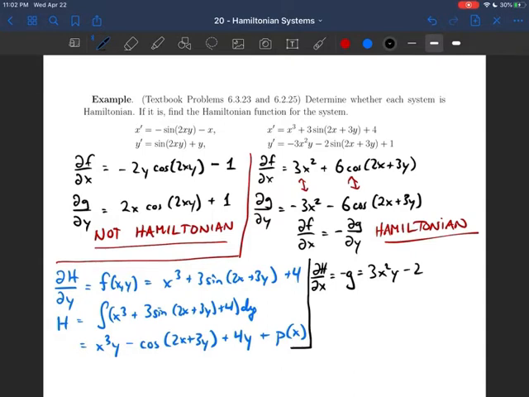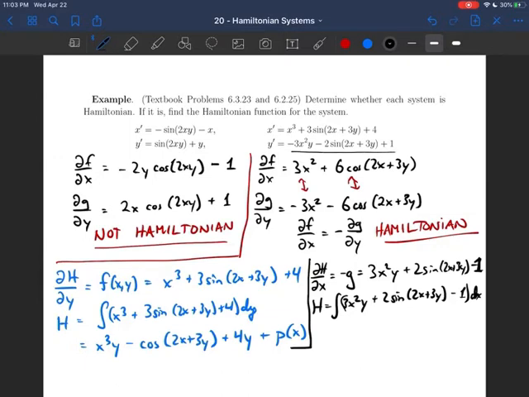On the other side, we have that the partial of h with respect to x will be equal to negative g. So that will be equal to 3x squared y plus 2 sine of 2x plus 3y minus 1.